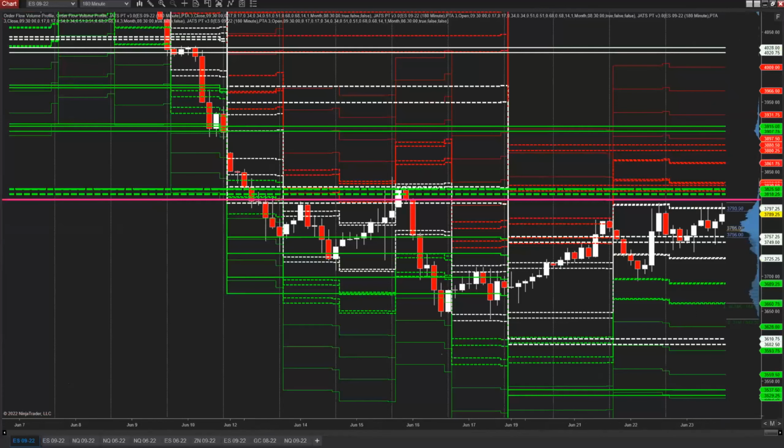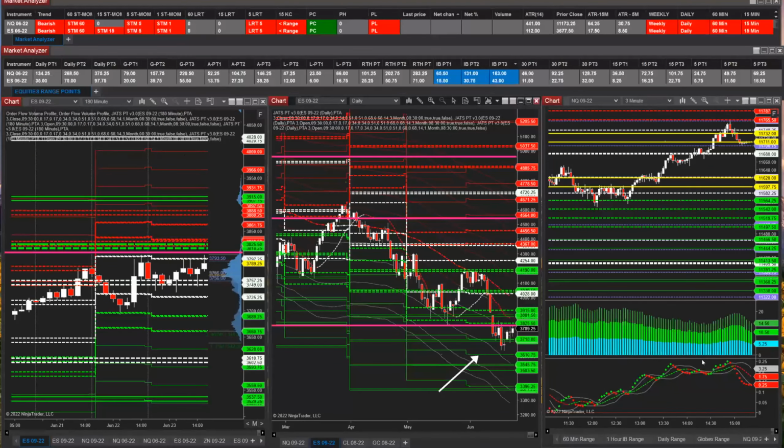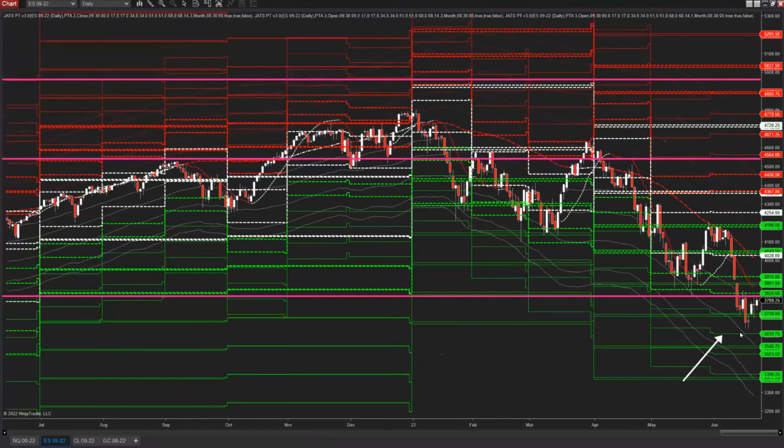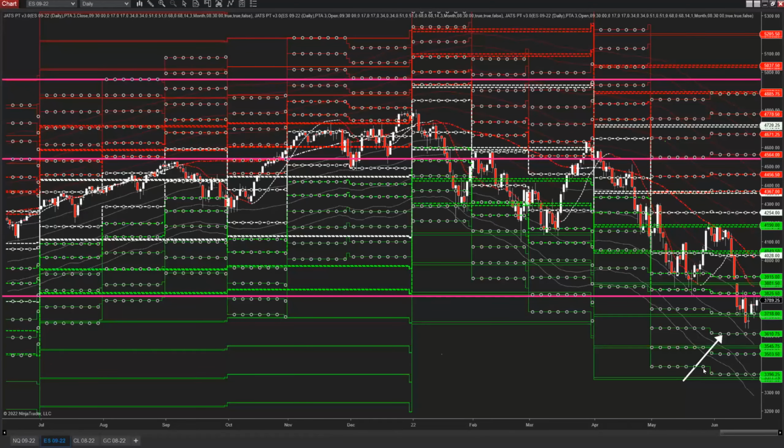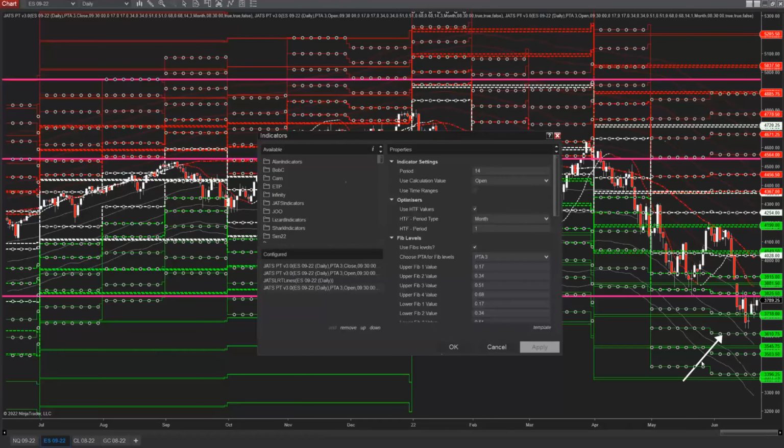It might be on a different chart. It's over here. Here it is. It's this monthly tail, 1 month, and it's my second tail.